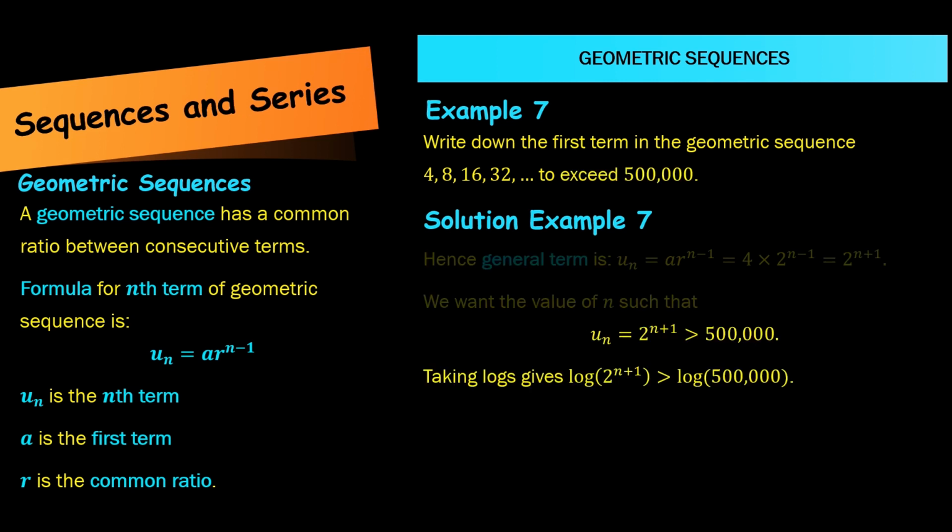Taking logs gives us this expression here. We can now take the power of 2, which is n plus 1, and multiply that by log 2, as shown in this expression.